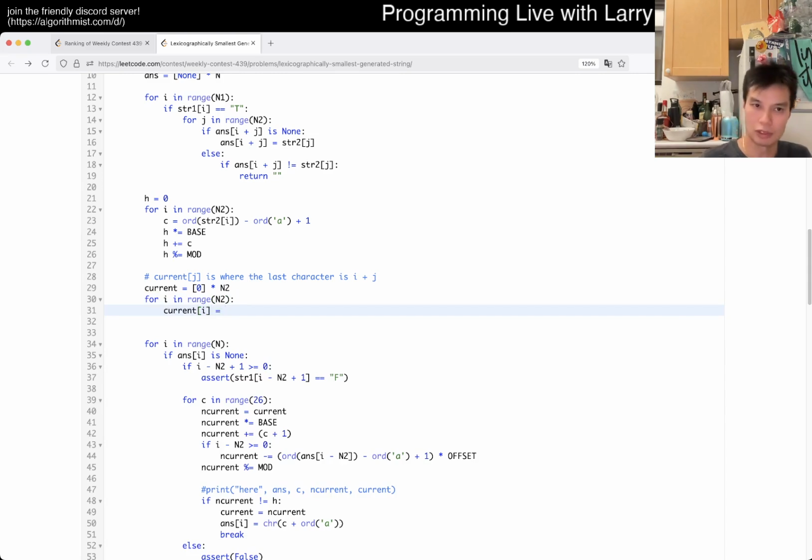is equal to the previous, starting from 1 minus 1. Is that even right?